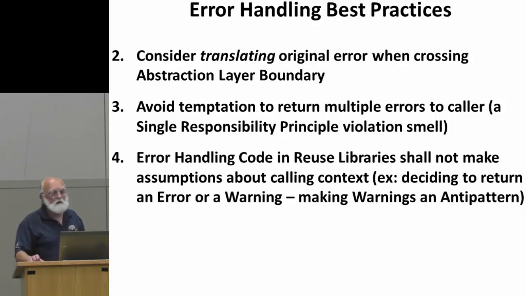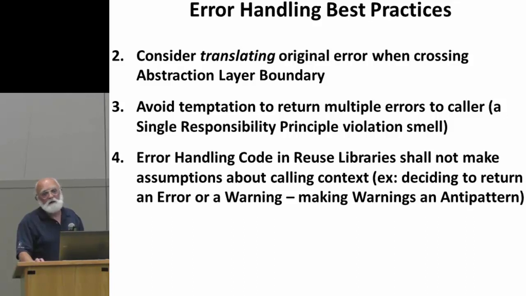And the fourth one is about error handling in reuse libraries. A VI in a reuse library should not make assumptions about the caller's context, because it may be called from many different places for many different reasons.